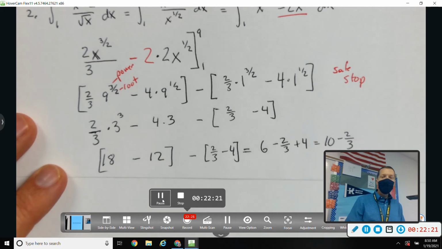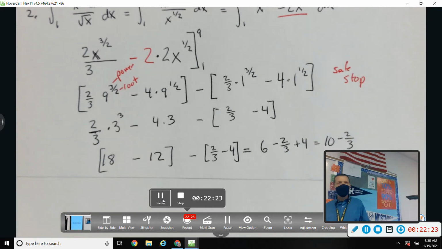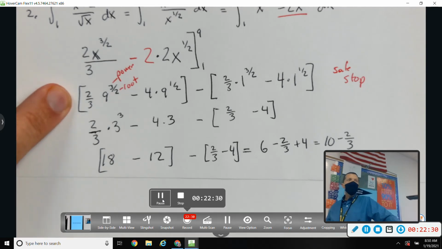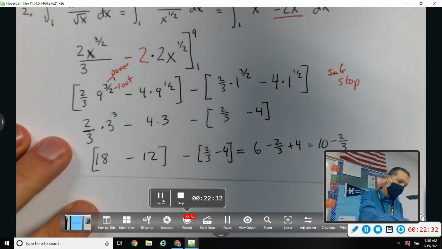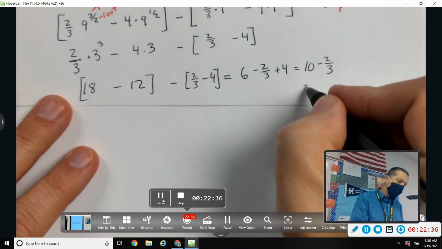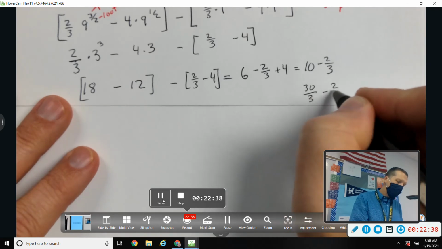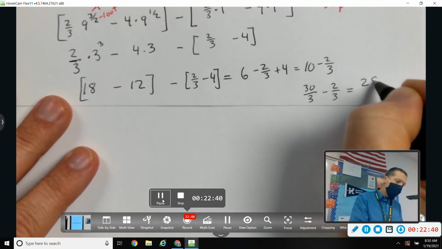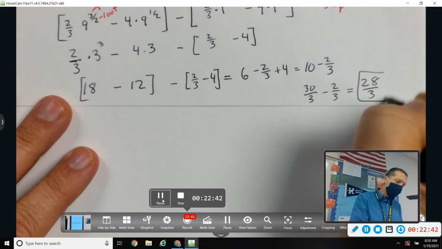Obviously, anywhere in here is a safe stop. You stop anywhere you want. Although, if you recognize the safe stop was possible, you probably should safe stop right there rather than risk messing this up. 10 minus 2/3 would be 9 and 1/3. Or, on the multiple choice test, it's probably going to say 28/3.